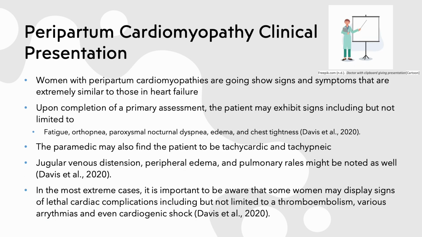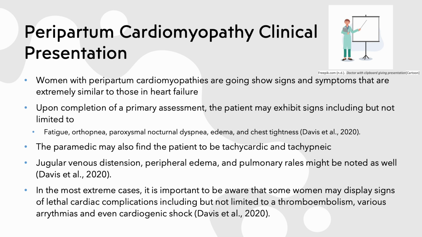So now, understanding what's going on in those peripartum cardiomyopathies, we can take a look at how those patients are going to present clinically, and this is going to gear into how this relates in the field of paramedicine. So women that have peripartum cardiomyopathies are going to typically show signs and symptoms that are extremely similar to those in heart failure.